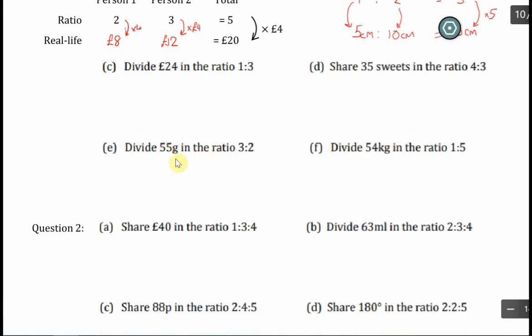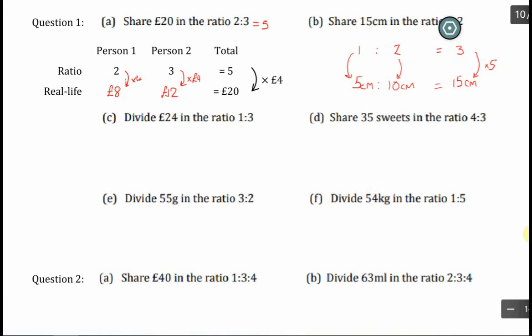Okay, let's just find a slightly harder one. Let's go for question F. So we're dividing 54 kilograms in the ratio 1 to 5. Now in total that makes 6 parts, and in total I'm sharing 54 kilograms. Excuse my handwriting.